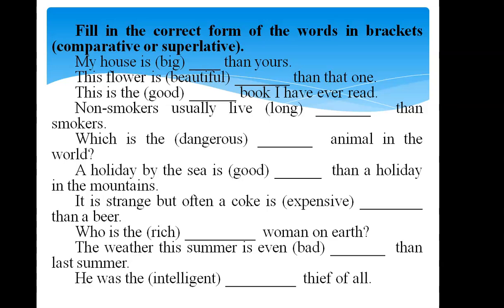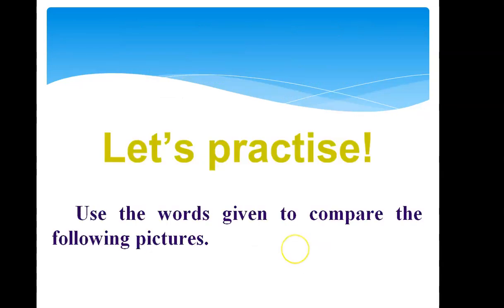Expensive is not a simple word, so we use more: more expensive than a beer. Who is the richest woman on earth? The weather this summer is even worse than last summer. He was the most intelligent thief of all.